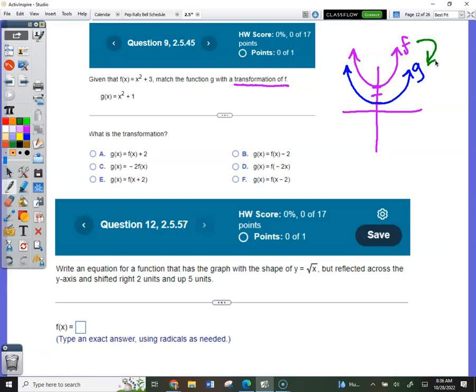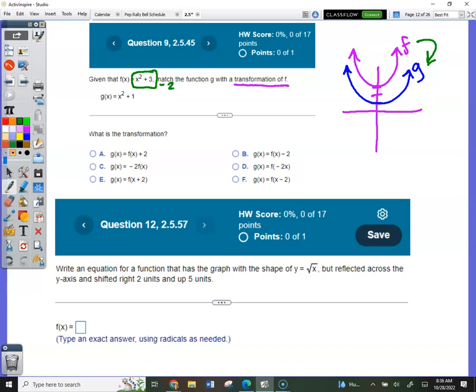It goes down 2. So you come over here and you say to yourself, if this had minus 2 after function f, like function f is right here, if I had minus 2, would I end up with function g? Alright, so which answer choice is that? B. That is B. The difference is right here, it's saying, hey, add 2 to function f.